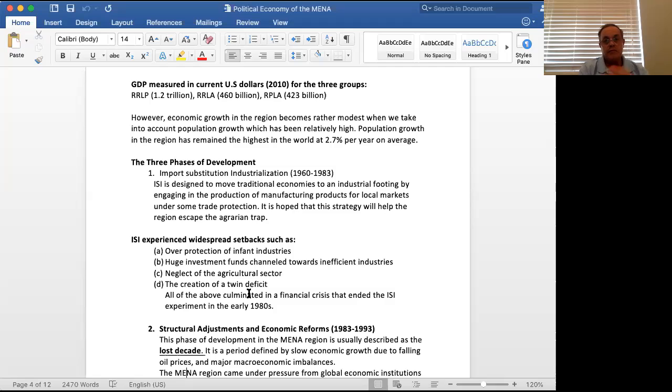And with the advice and recommendations from global institutions such as the World Bank and the IMF, who recommended for these countries to abandon the ISI strategy and start a new strategy. And the recommendation was, why don't you try the export-led growth strategy, whereby you focus on producing those goods that you have a competitive advantage in and try to export those goods abroad.